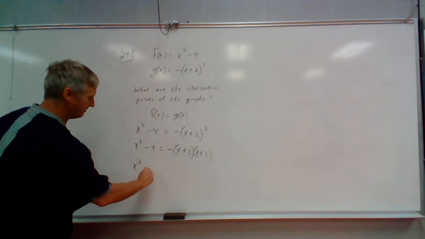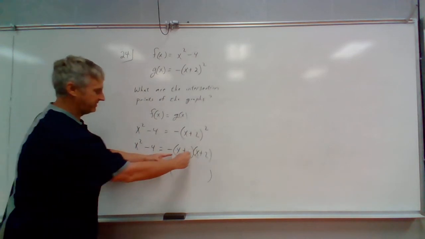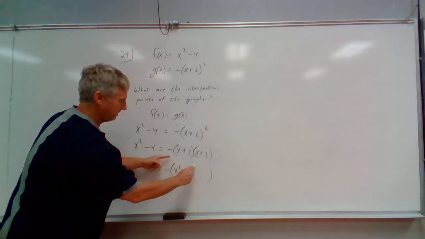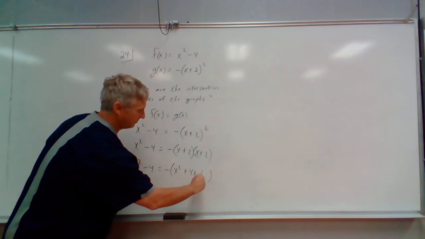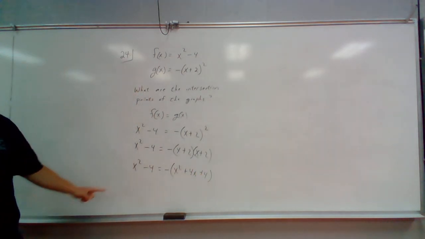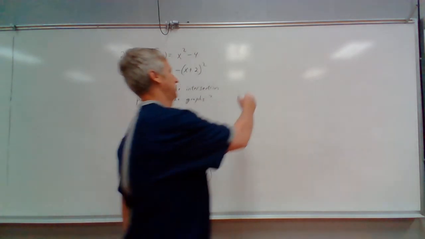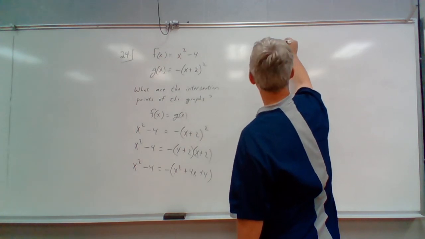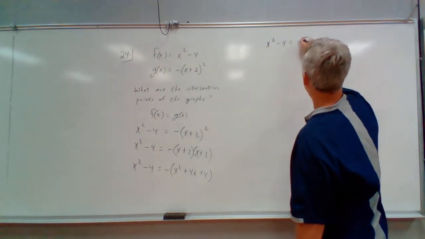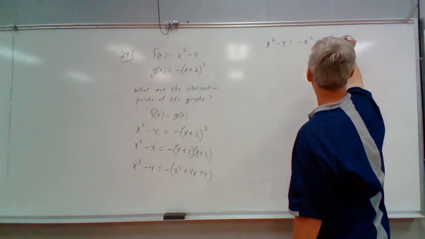If I multiply this, I get x squared plus 2x plus another 2x, that's plus 4x plus 4. And then it's minus all of that, so I've got to change all these signs to negative. So I have x squared minus 4 equals negative x squared minus 4x minus 4.